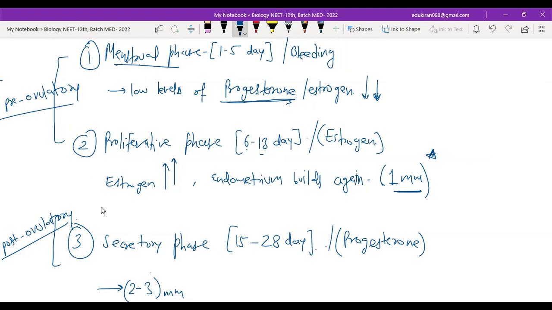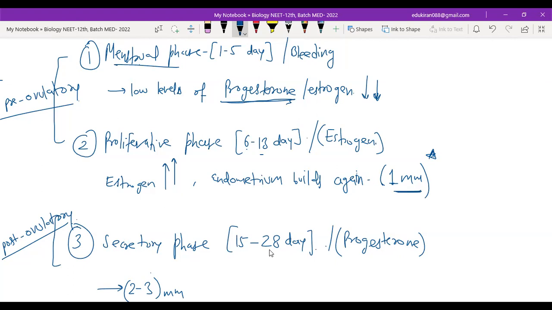That's all. Now let's come to the third phase, which is called the secretory phase. Write down. In the secretory phase, day 15 to day 28, increased production of progesterone happens.